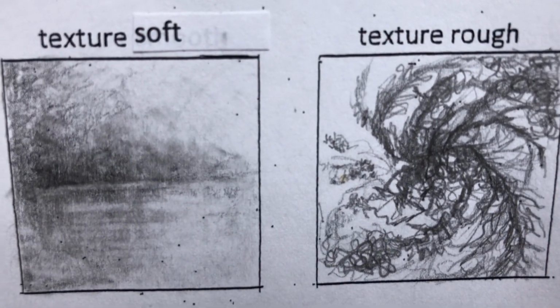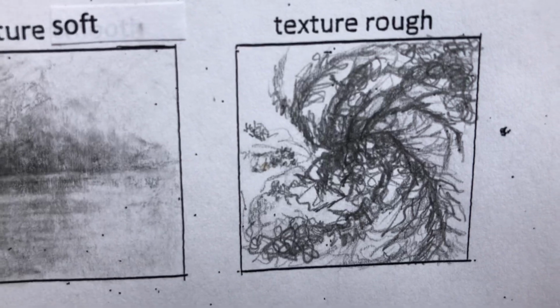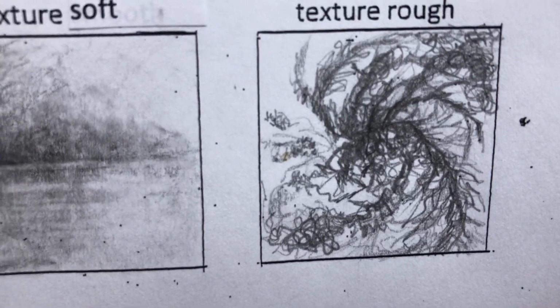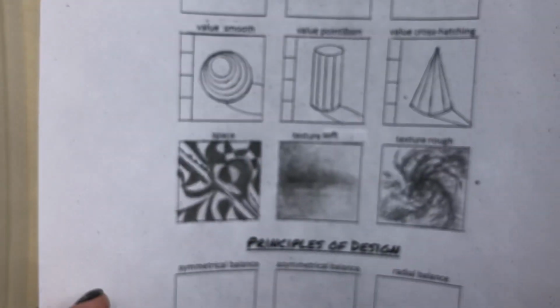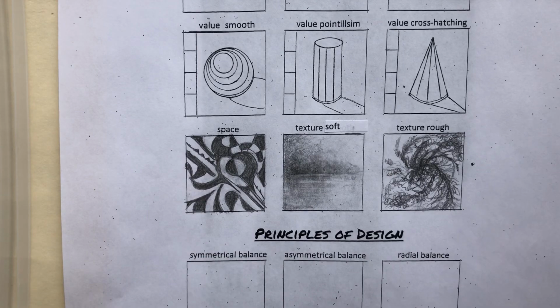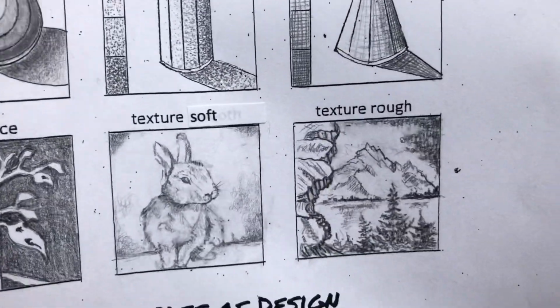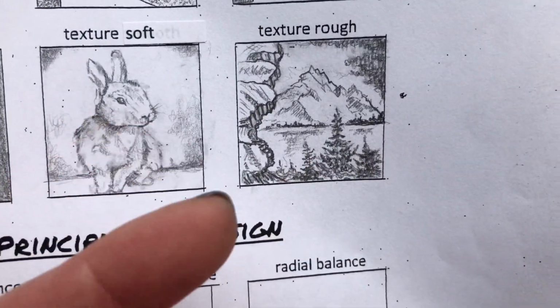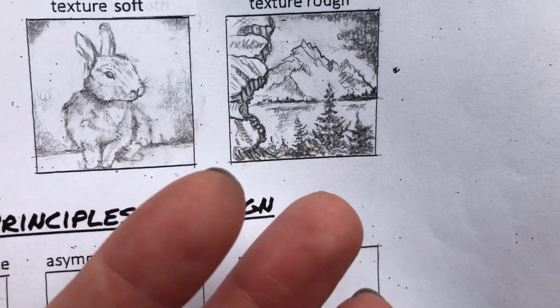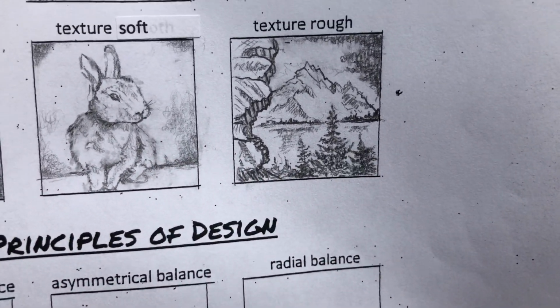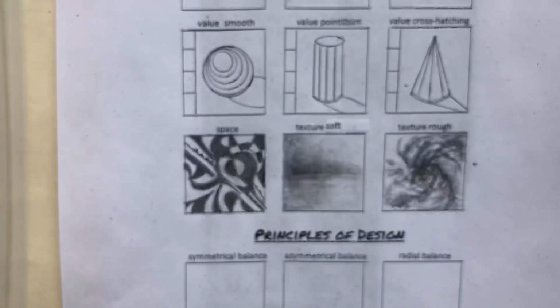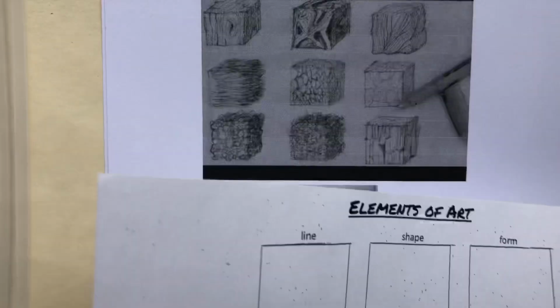You can see the difference between the rough and the soft. The rough texture is jagged, harsh-looking lines, and then you've got softer-looking lines with the soft texture. This right here, I always think about rock formations, mountains, and these little pine trees when I think of rough texture. I also think of rocks and different things like that.